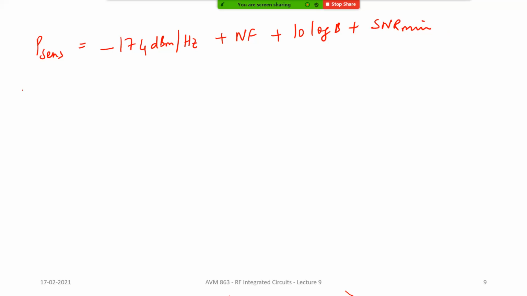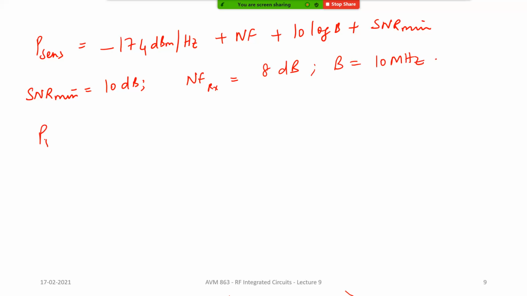Let's say the SNR min that I need is 10 dB. Let's say the noise figure of the receiver is 8 dB. 8 dB is actually on the good side, but let's say. Let's say bandwidth is some 4G signal, 10 megahertz.